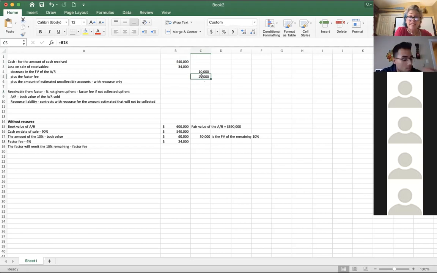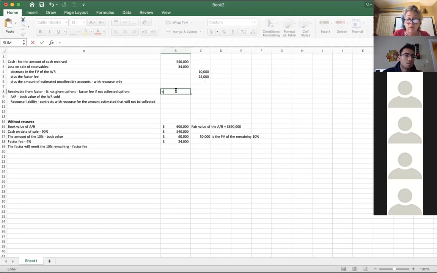In this contract, they said they were going to withhold the factor fee from the remaining 10%. So my receivable is the 26,000, which is the fair value of the 10% to be remitted minus my factor fee.